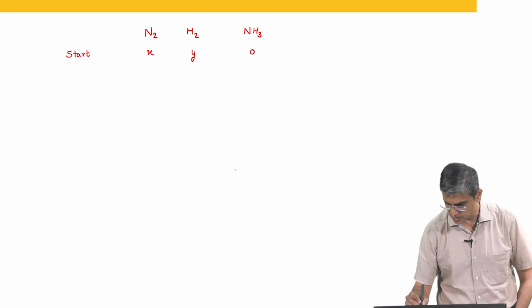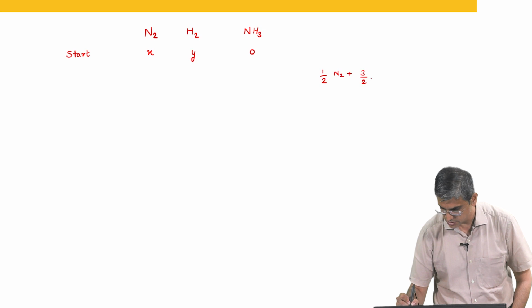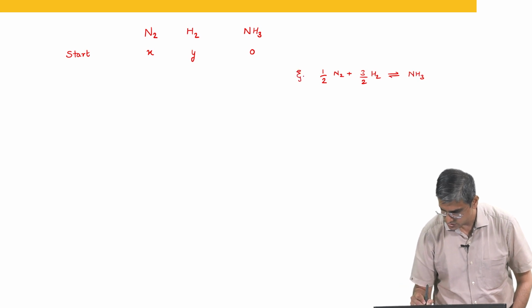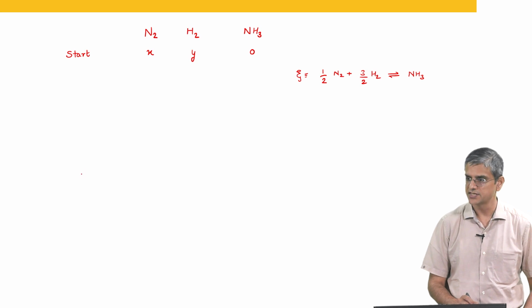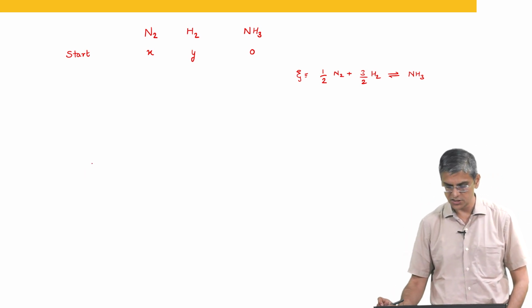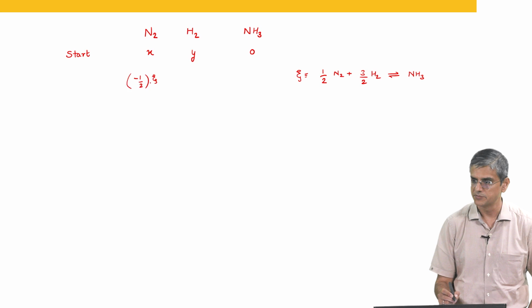Now, we have the reaction as half N2 plus 3 by 2 H2 giving NH3, and let us say zeta is the extent. If zeta is the extent, simply, the amount of nitrogen formed is the stoichiometric coefficient, minus half, multiplied by zeta.